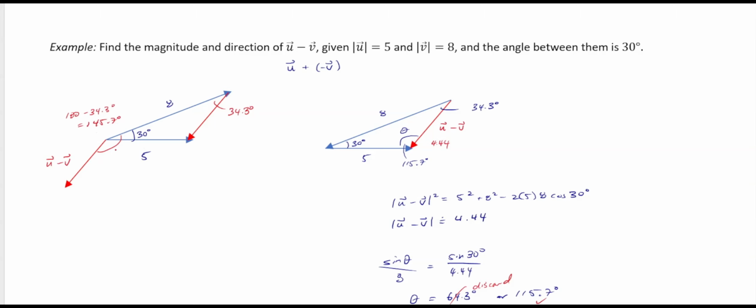So now what I need to do is find the angle it makes with vector u. And the angle with vector u would just be 30 less than this, so 115.7.